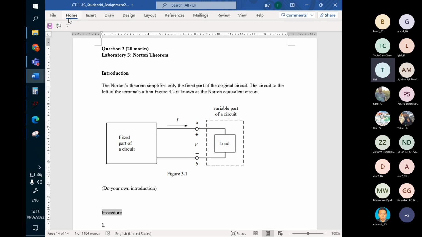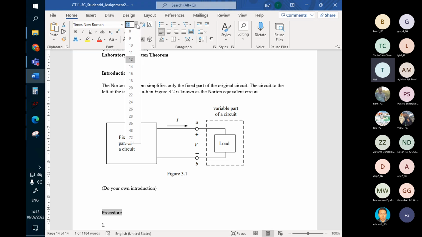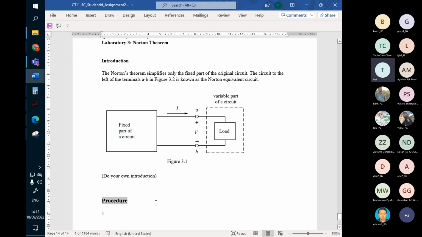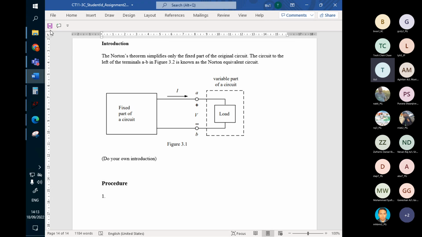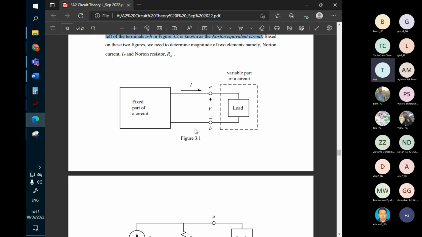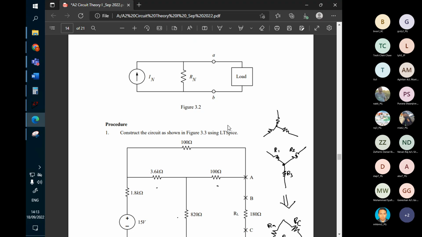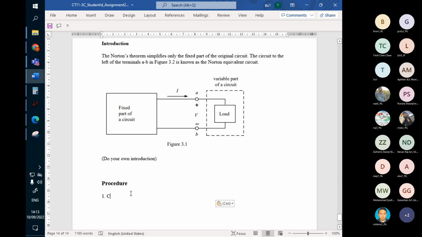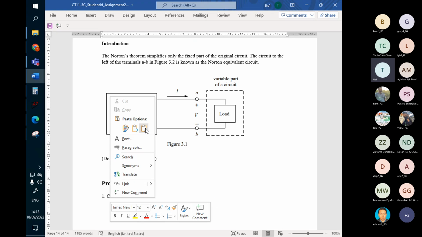Just highlight it, bold it: construct the circuit in Figure 3.3. Oh, this is not the font I want. Let's put the font I want.